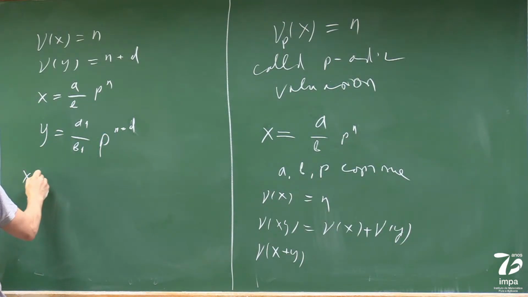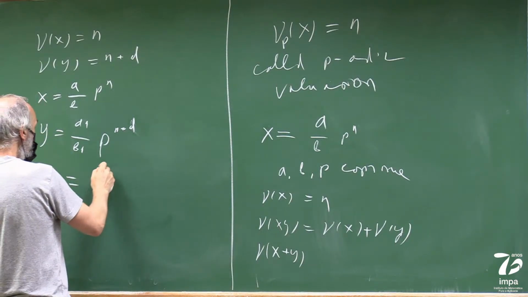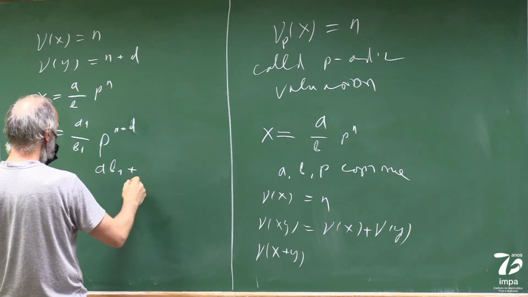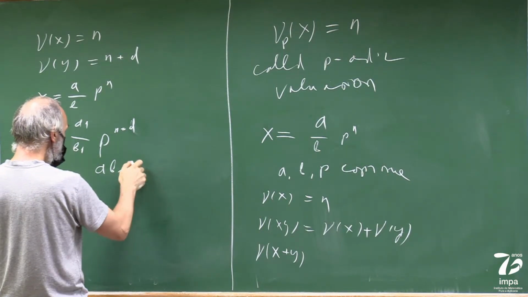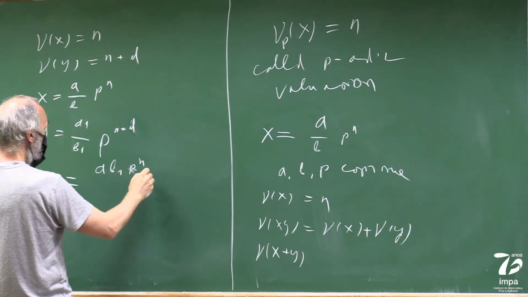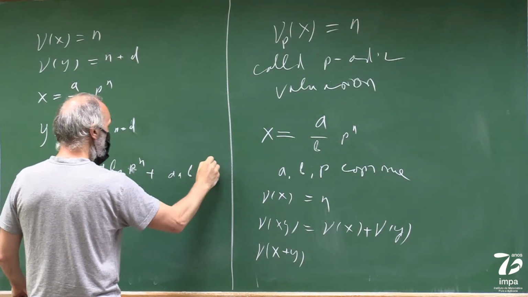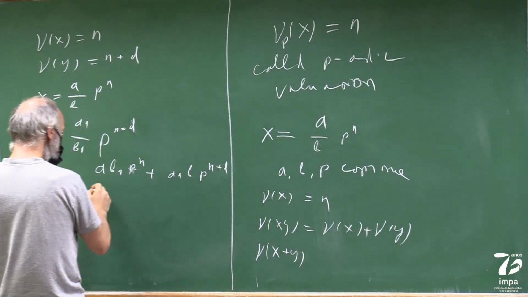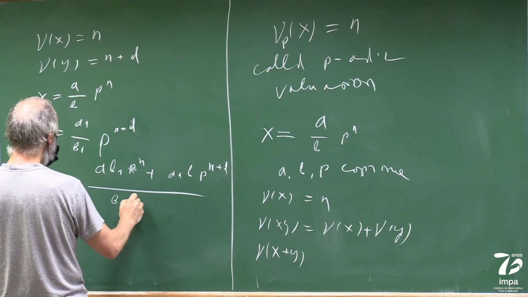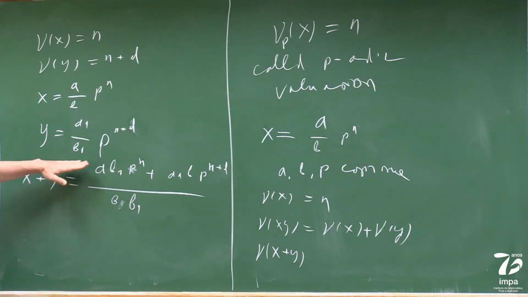Then x plus y is (a b1 p to the power n plus a1 b p to the power n plus d) divided by b b1, right?